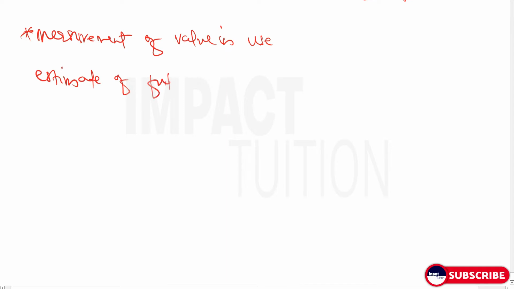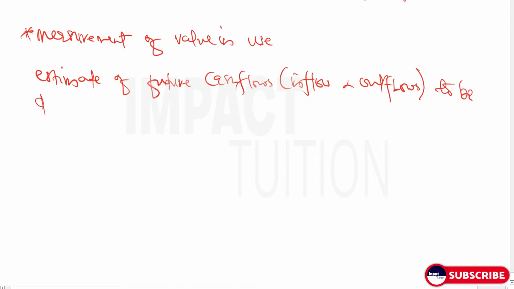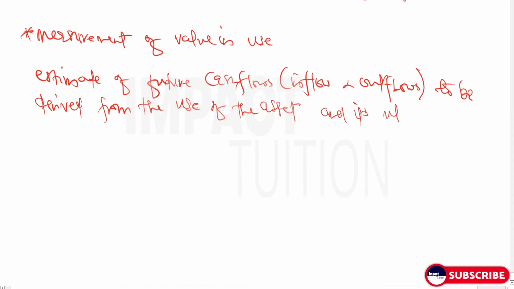of future cash flows, so this is both inflows and outflows, to be derived from the continued use of the asset and its ultimate disposal, and applying a suitable discount rate.